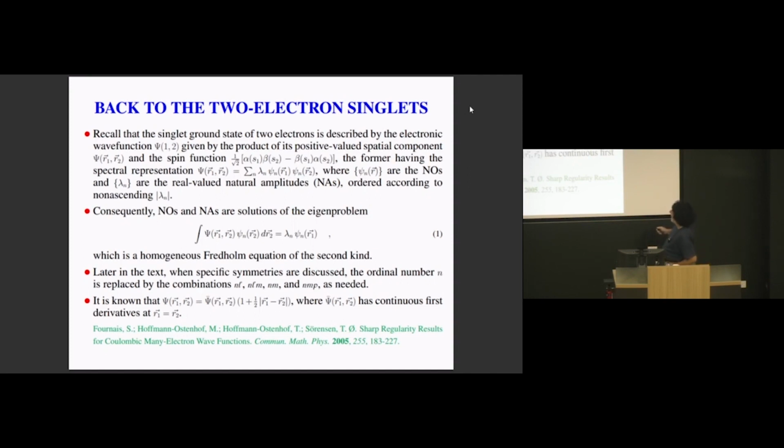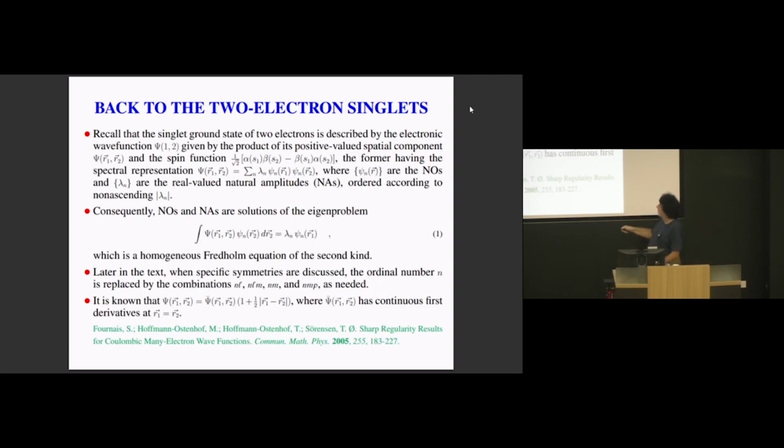Later I will be discussing some cases of ordinal number, but also combinations of ordinal number within a given angular momentum combined with different values of quantum numbers pertaining to angular momenta or to parity as well.